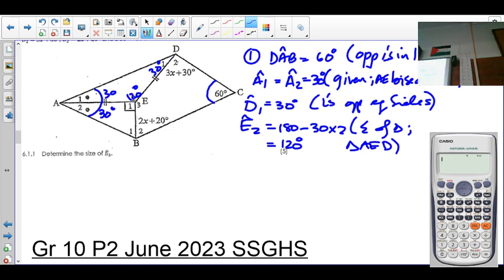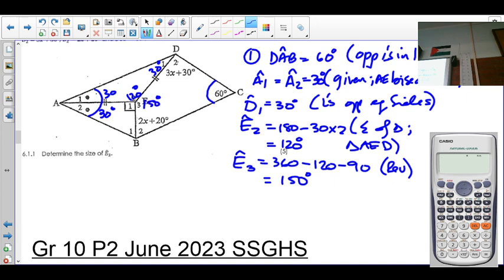So I'm going to say that E3 is equal to 360 minus 120 minus 90. Why? The revolution of angles around a point. That's going to give you 240, minus 90 is 150. What do you notice, people? I'm writing all this information on the diagram.